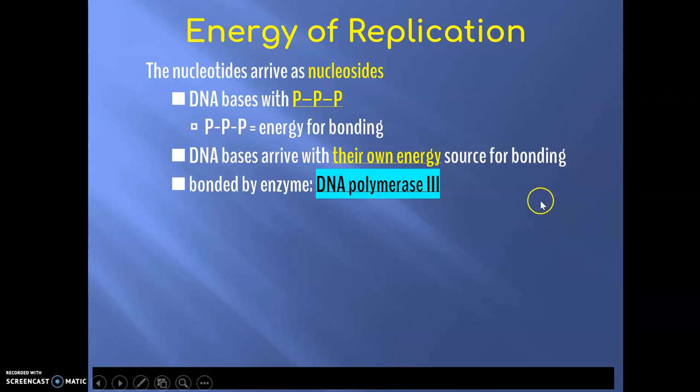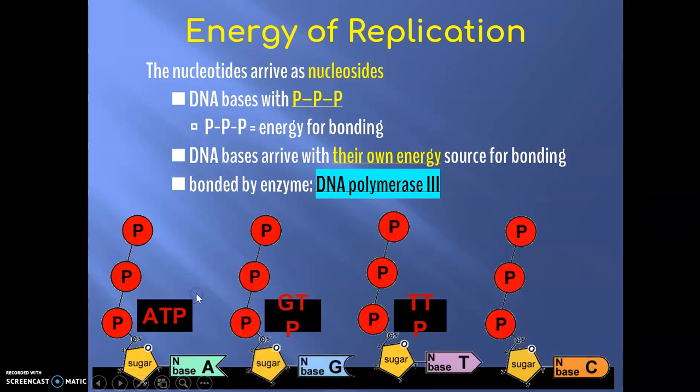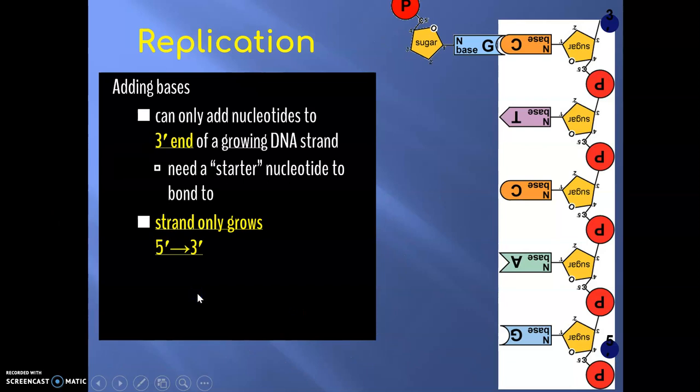Then they are bonded by the enzyme DNA polymerase 3. So they arrive in this fashion, and when you actually add the bases on and bond them together, we break apart those other 2 phosphates, so that we can get our appropriate nucleotide.